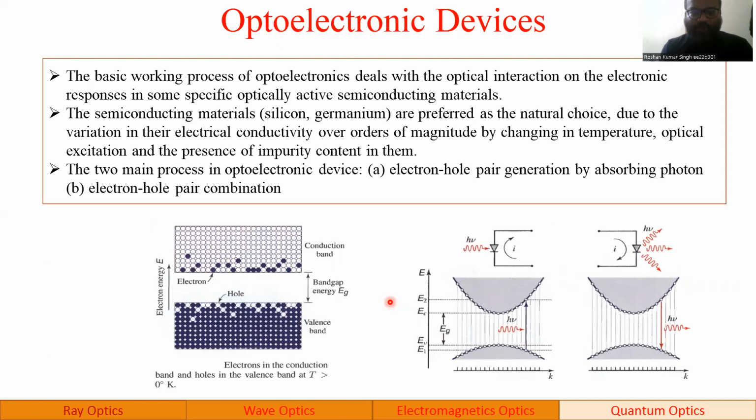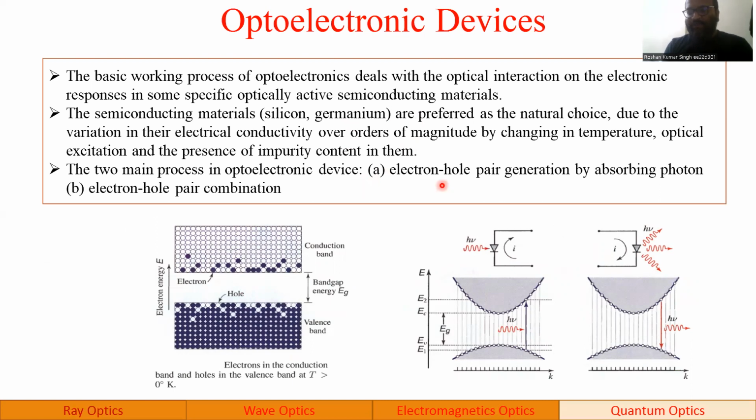Now we see some optoelectronic devices, because in photonics we deal with semiconductor or metal-based optoelectronic devices, which are a combination of both optics and electronics. Silicon and germanium are preferred in optoelectronic devices, and they work on two principles.